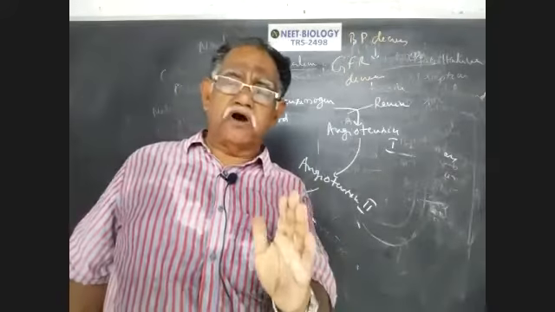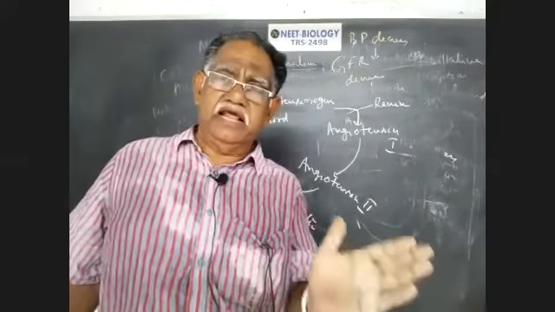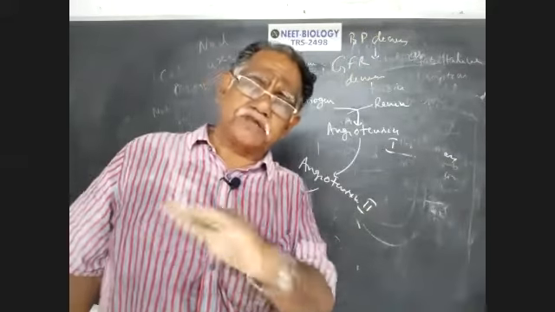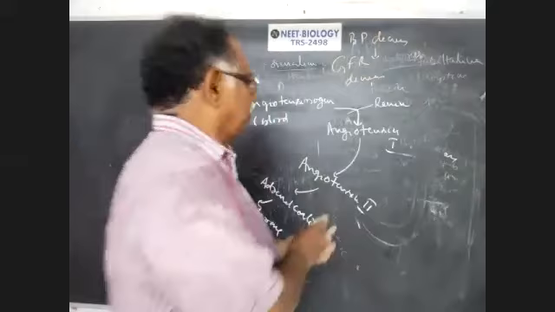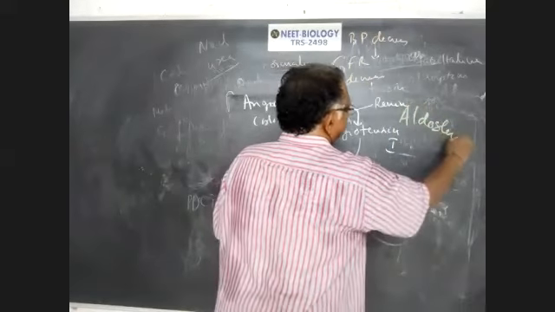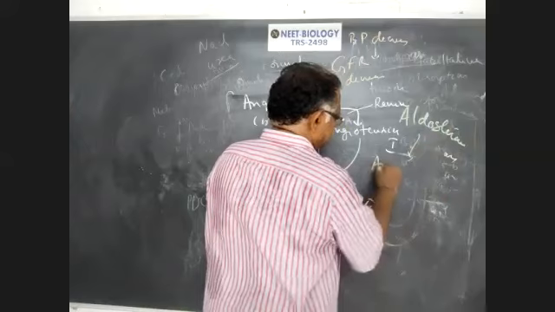So absorption of water from the distal parts of the nephron is by ADH and absorption of salts is by aldosterone. This is what is called the aldosterone angiotensin mechanism.